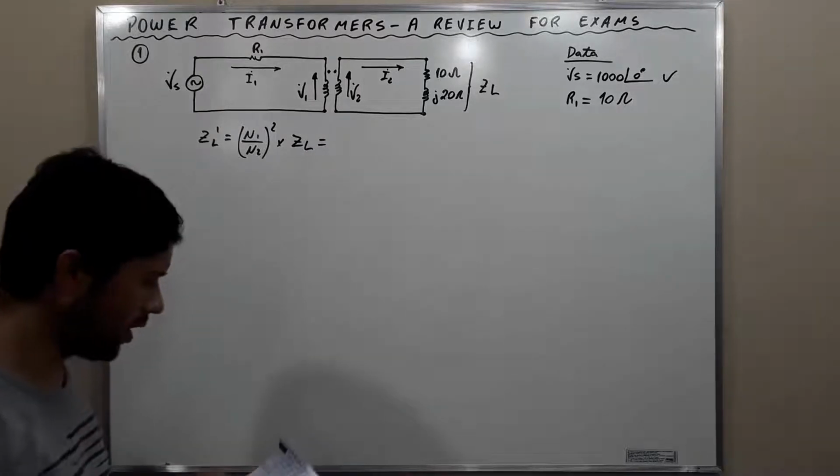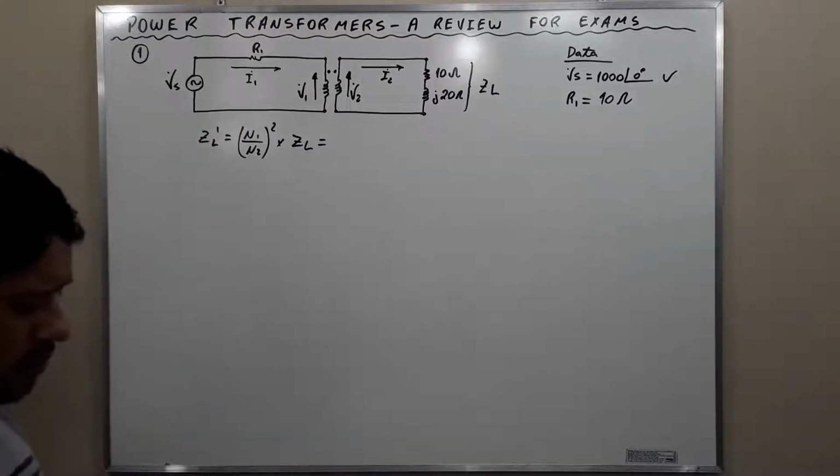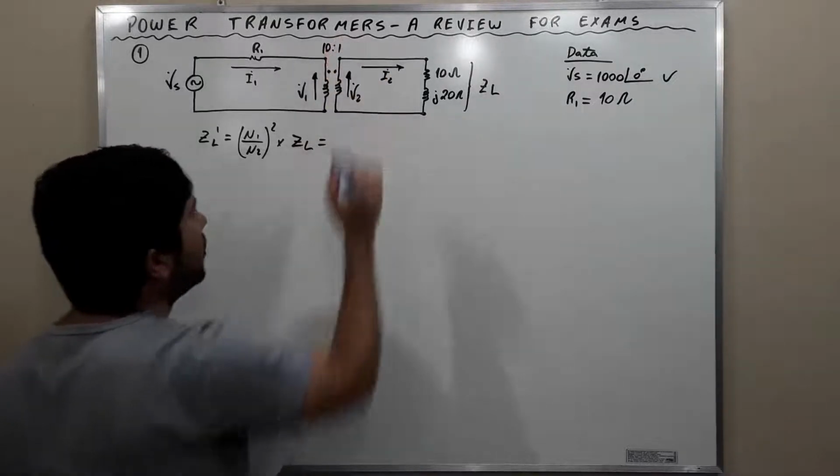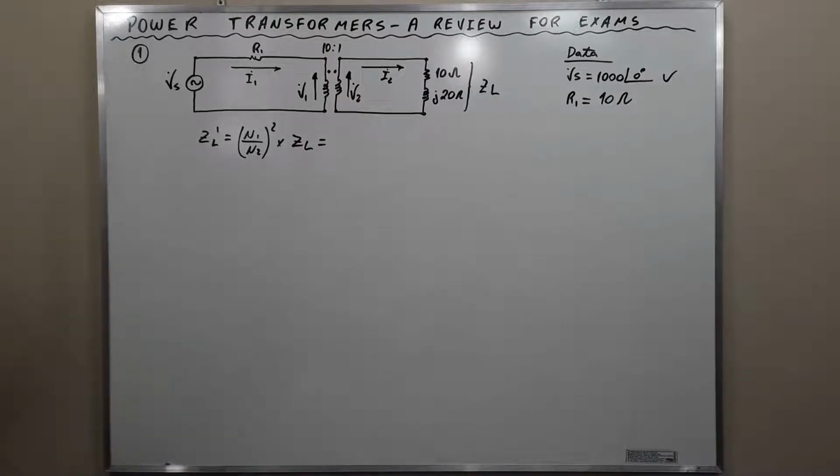The exercise said that the turns ratio of the transformer is 10 to 1. Then we use 10 to 1.